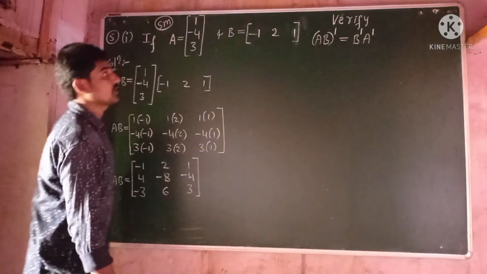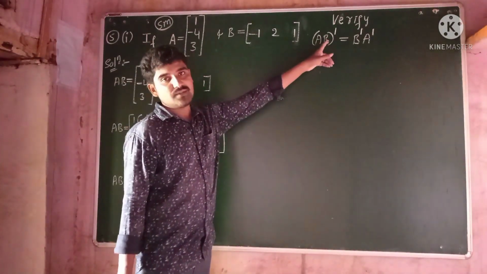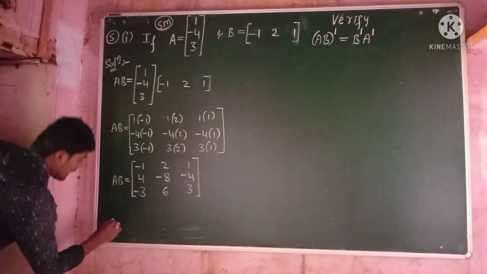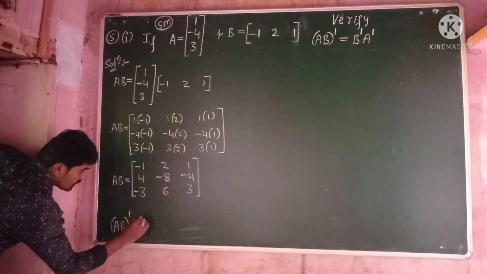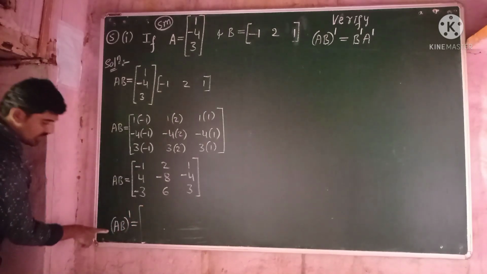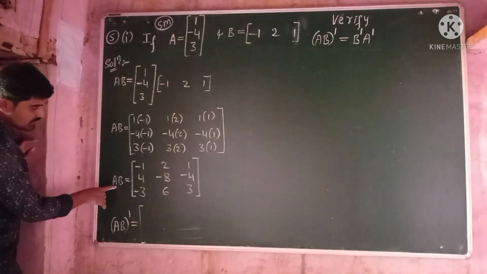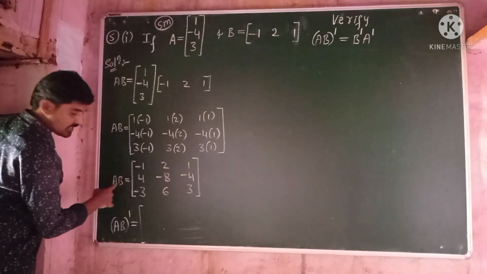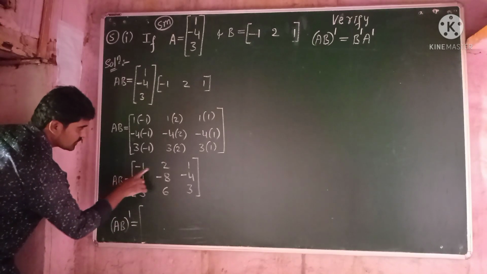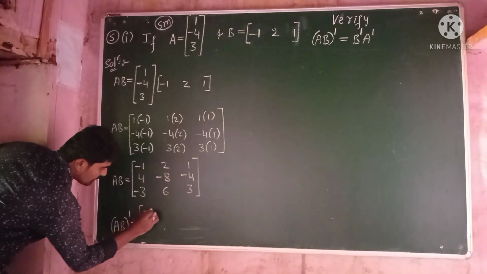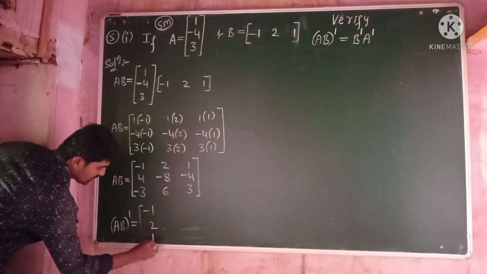Now we need to find transpose of the matrix AB. Therefore, AB dash is equal to, so transpose of the matrix AB is obtained by interchanging rows and columns of the matrix AB. Hence, first row becomes first column: -1, 2, 1.